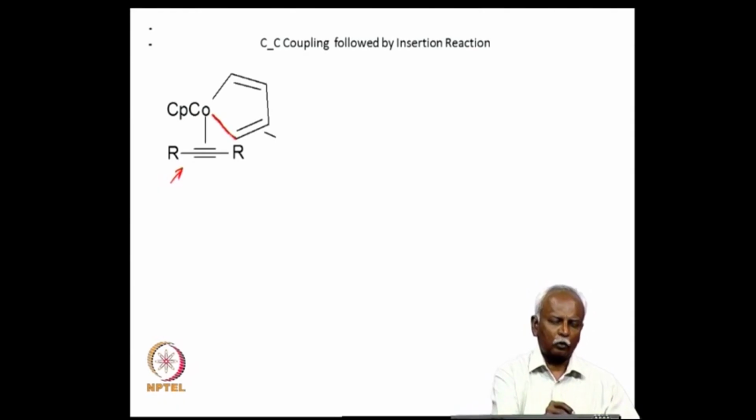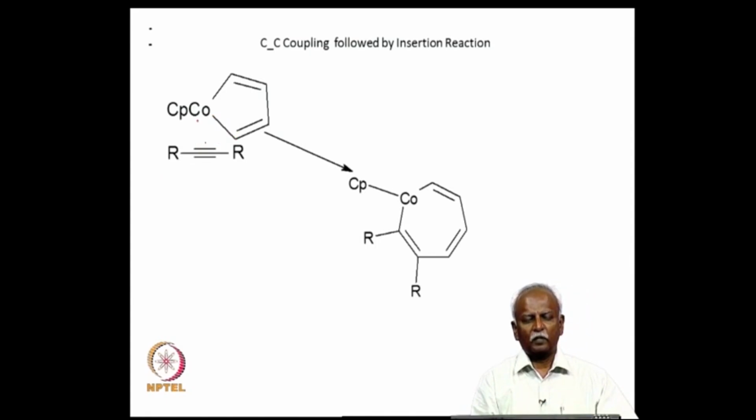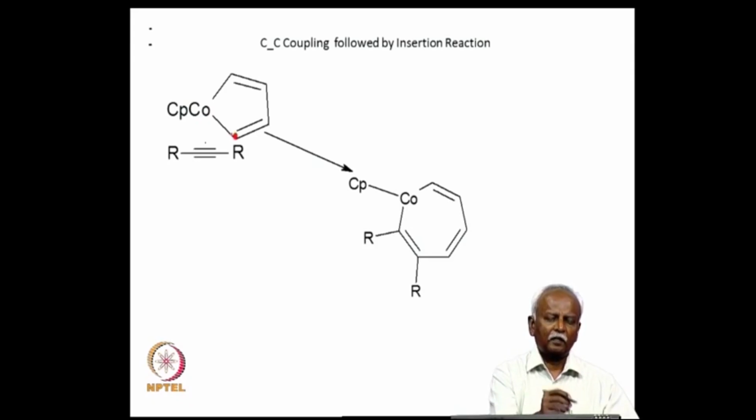So, if this bond migrates to the neutral species and the neutral species in turn forms a bond to the cobalt, exactly what is going to happen is that we are going to have a reaction such that 2 new bonds are formed, one between the vinylic carbon which is here, and the acetylenic carbon which is here.